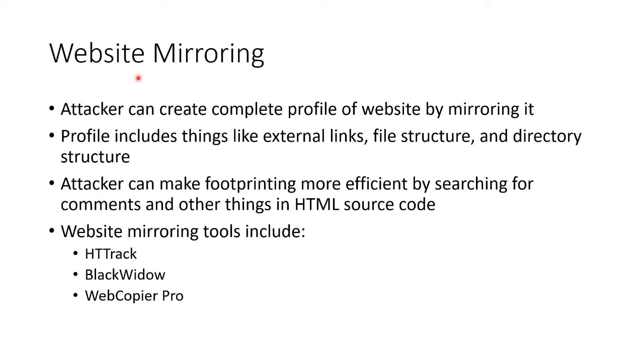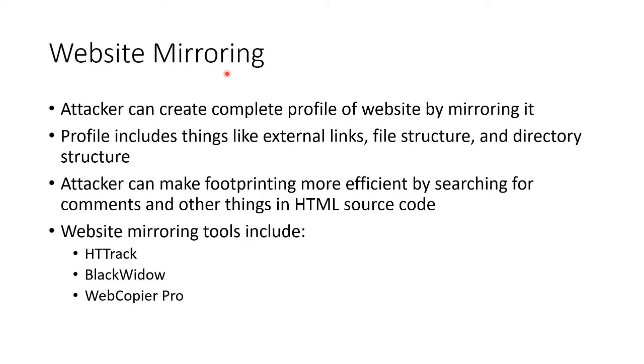If you want, you mirror the website and you take the copy offline so you can go slowly. Take your time without letting anybody know. But as I've said before, if you are going to mirror a website, go kind of slowly so that you don't set off alarms, because it's very unusual for a normal user to check out every single page and link on a website in a short amount of time.